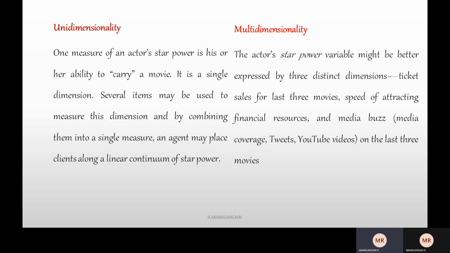How can I measure those actors while ranking? Based on the movies they are doing, last and present, how they will be hits, how the songs are going. For some personalities, whether they do good or bad, the attraction will be the same. That is called multidimensionality.